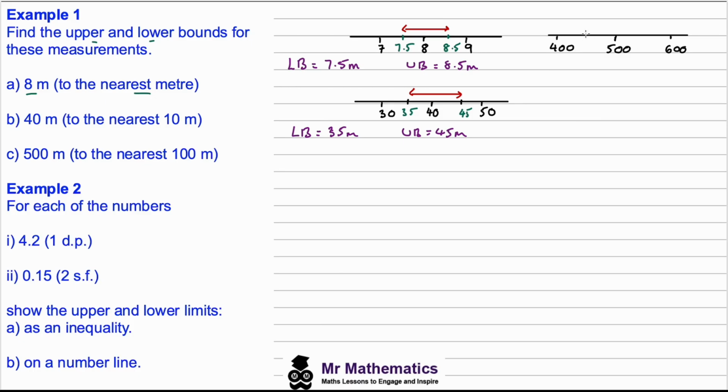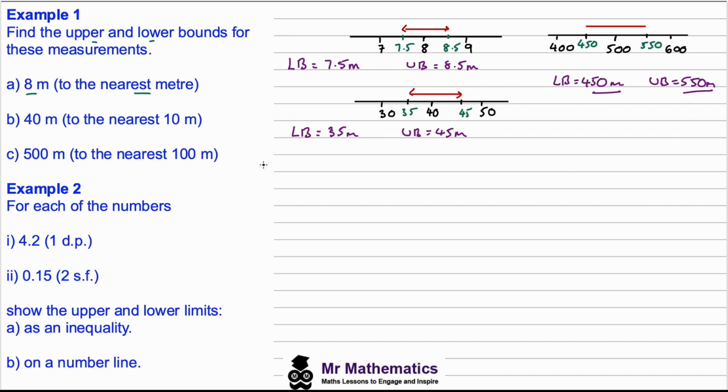We're looking at the point exactly halfway between the two. So this will be 450 and 550. So the range is between these two. The lower bound will be 450 meters and the upper bound 550 meters. Okay?